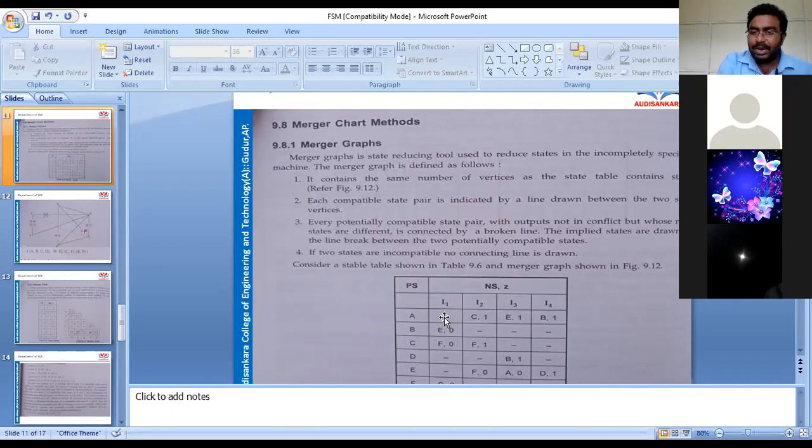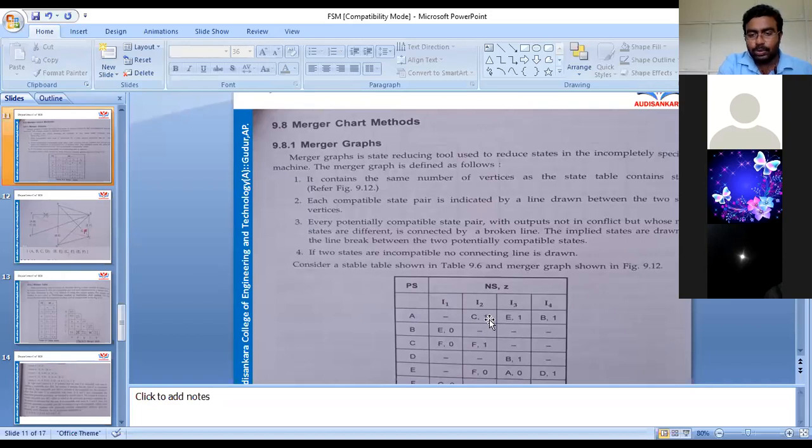If don't care is available, I can assume that E, 0 is available in this information. When comparing the states A and B, I can assume that in this don't care, the same E, 0 is available. Like that, compare A and B for the input I2.